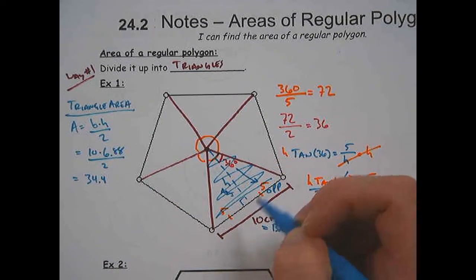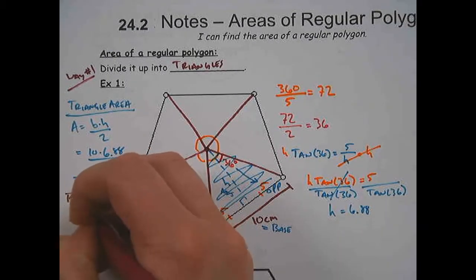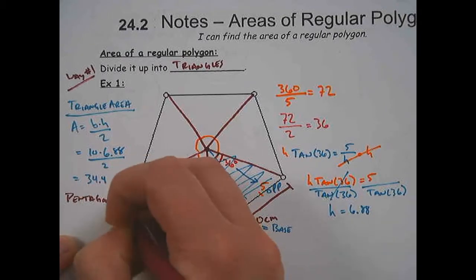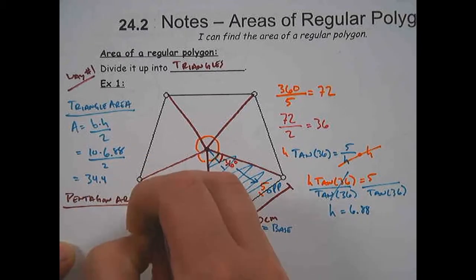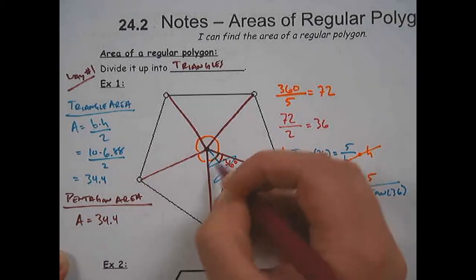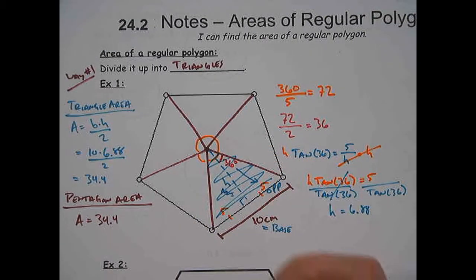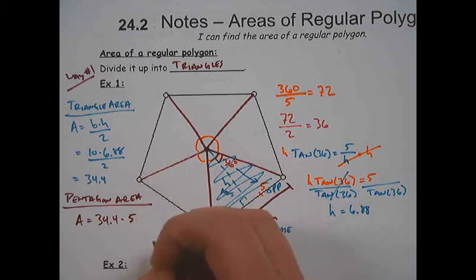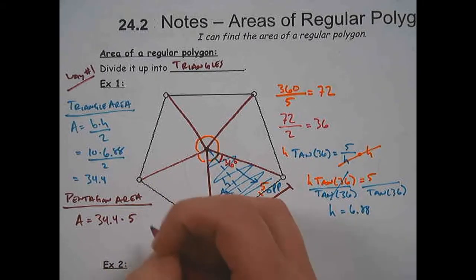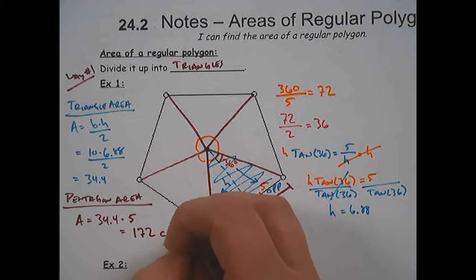If I want to find the area of the pentagon, that's my next step. I take the 34.4, the area of one triangle, and since there are 5 triangles in the pentagon, I multiply it by 5. That tells me that my answer is 172 square centimeters.